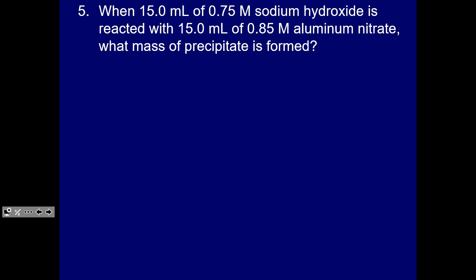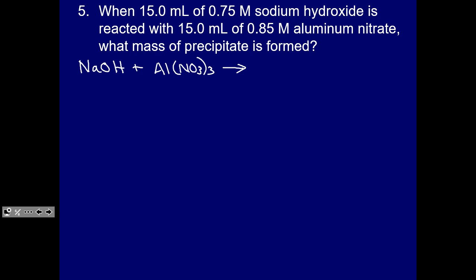So if I've got NaOH reacting with aluminum nitrate, Al(NO3)3, this is a double displacement. Again, I do not need the net ionic equation. I don't need it broken into ions. I just need a mole ratio out of this so that we can solve it.